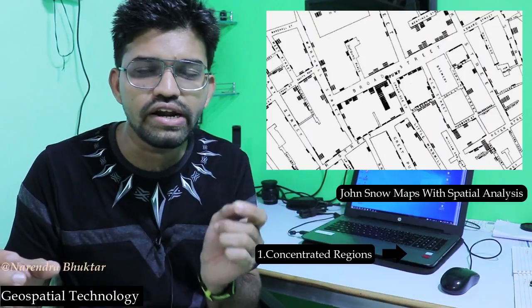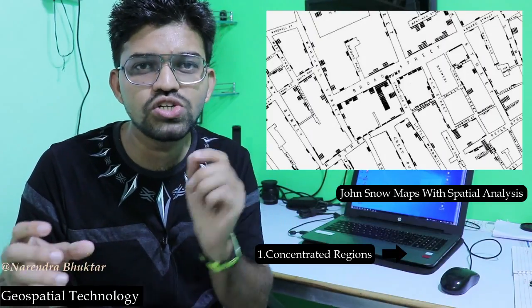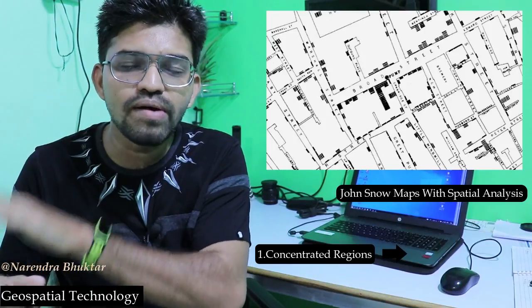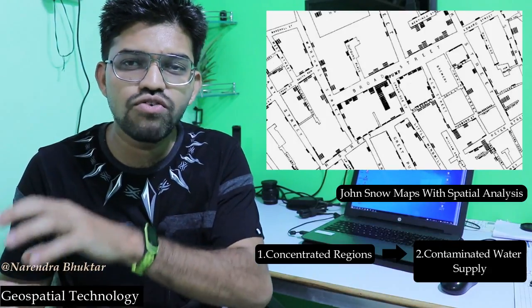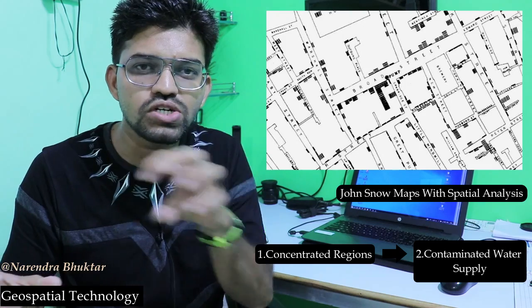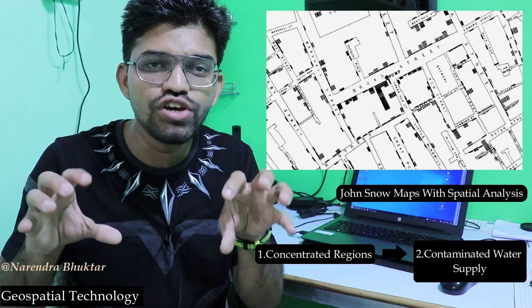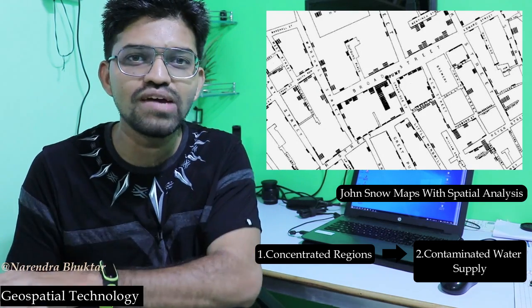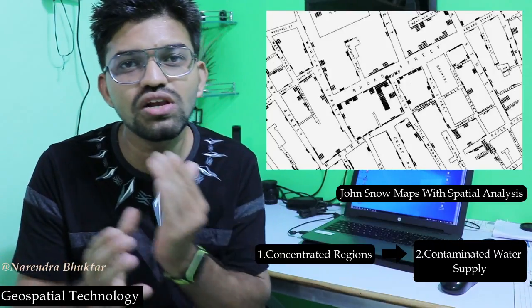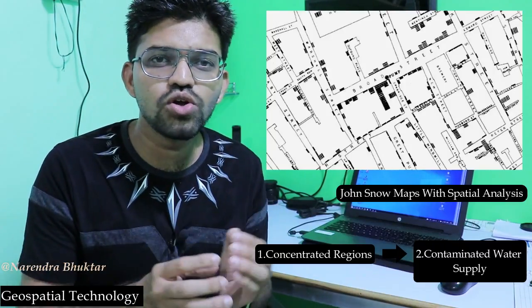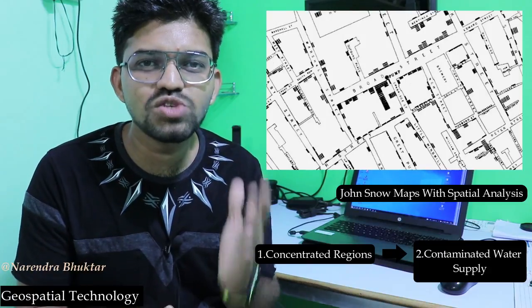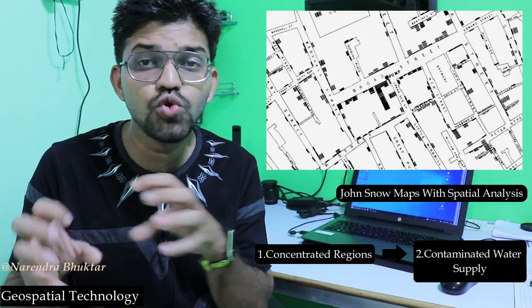He related the cholera patients to the water contamination areas, since from those areas the number of patients was increasing. So over here he linked the two variables, and that is nothing but spatial linking.